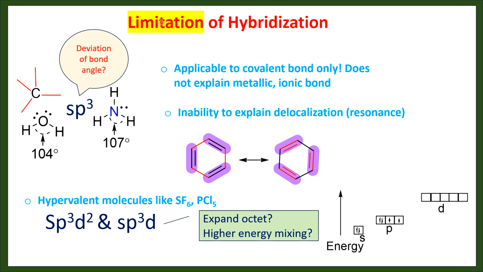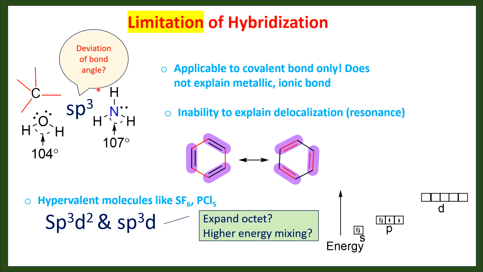Yes. Methane, the tetrahedral carbon, water, and ammonia are all sp3 hybridized, yet only the carbon satisfies the bond angle of 109.5 degrees, whereas in other cases the bond angle deviates: 104 degrees for water, 107 degrees for ammonia.